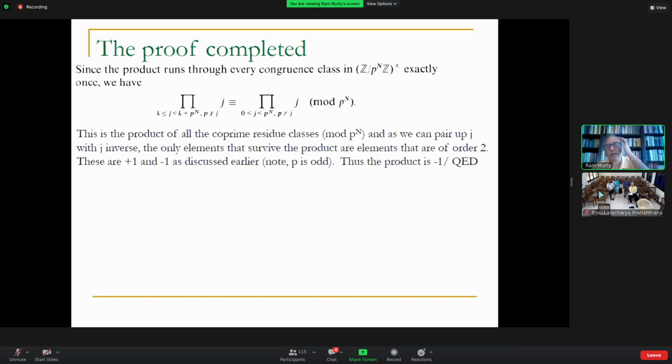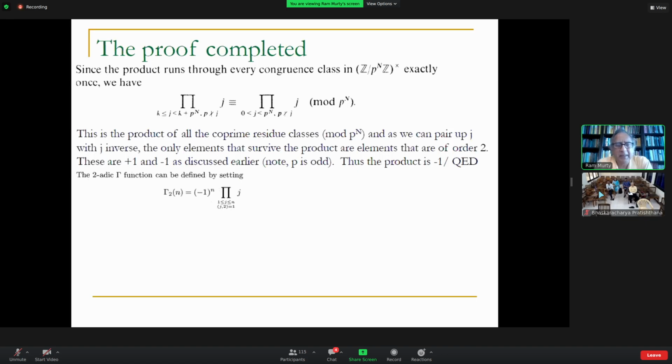This is the product of all the coprime residue classes mod p^n, and as we can pair up j with j inverse, the only elements that survive the product are elements of order 2. And these are plus 1 and minus 1 as discussed earlier. Remember, in the case of p odd, we knew x squared equals 1 mod p has only plus or minus 1 as a solution, and by Hensel's lemma, you can lift that to plus or minus 1 in Q_p, and therefore the product is simply minus 1. So that's basically where we are with this.